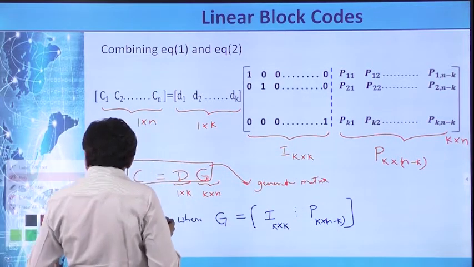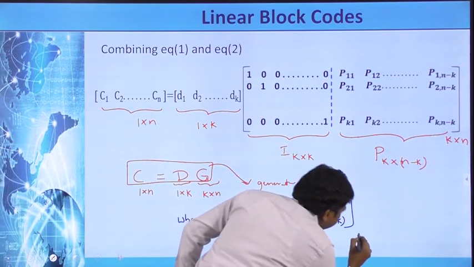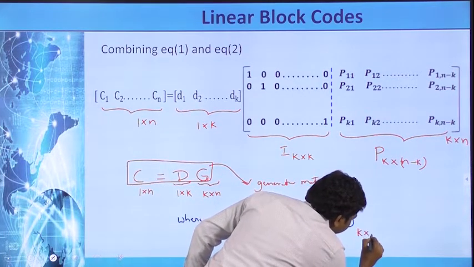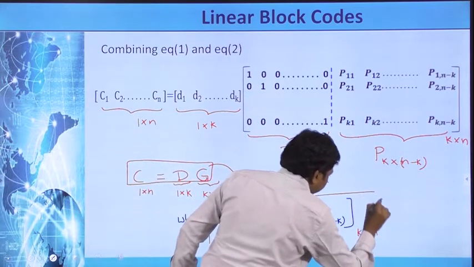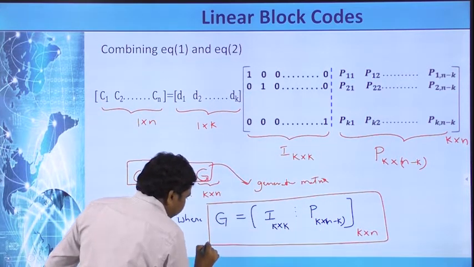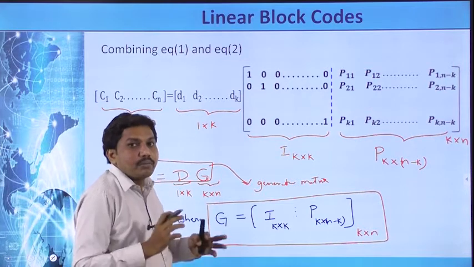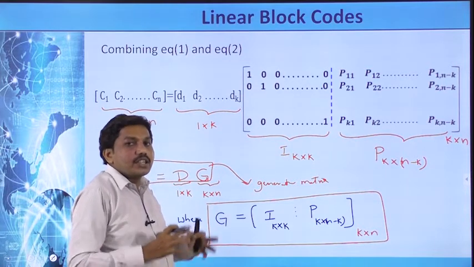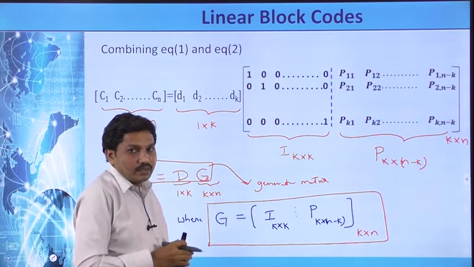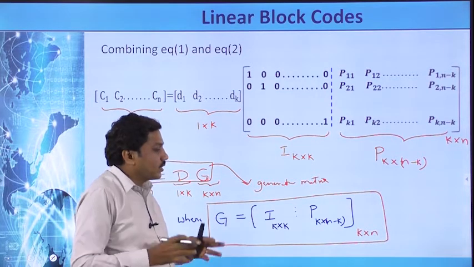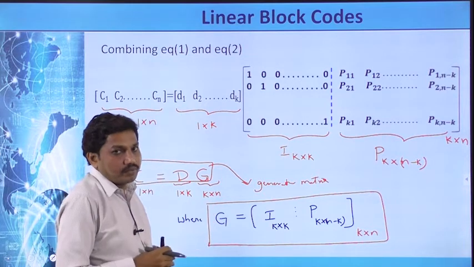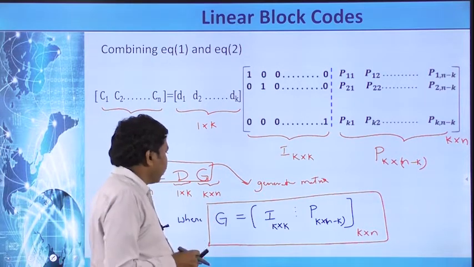So the total order of the G matrix is k by n. Remember, the dimensions of the generator matrix are k by n, and the order of the P matrix is k by n minus k.